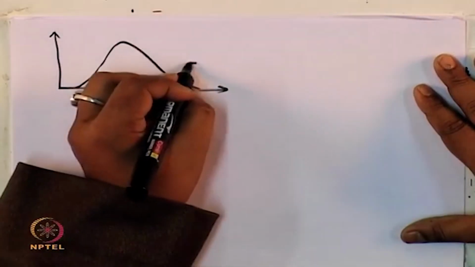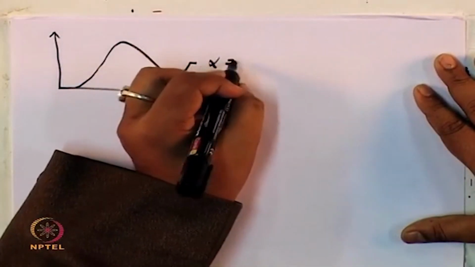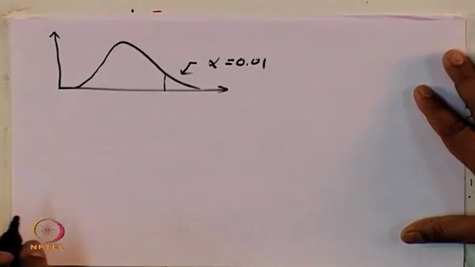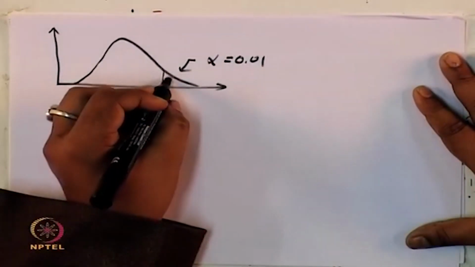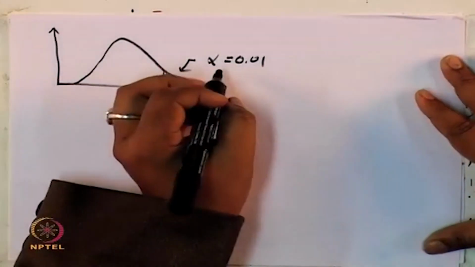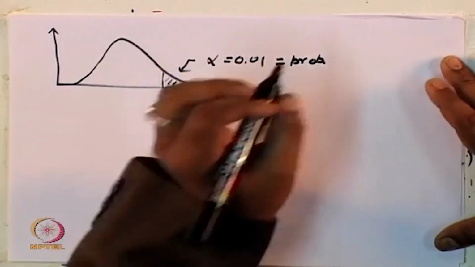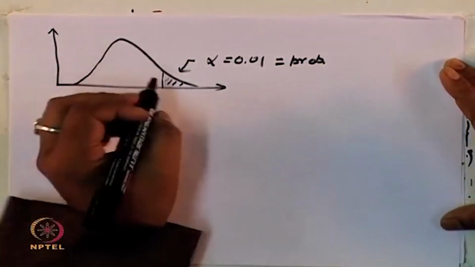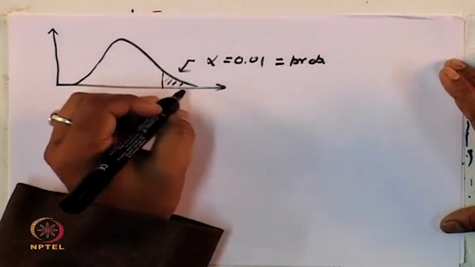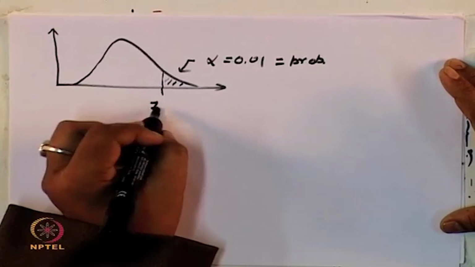For example, if I want alpha equal to 0.01, alpha is nothing but the area under this curve, this probability, and this is my Z of alpha by 2.